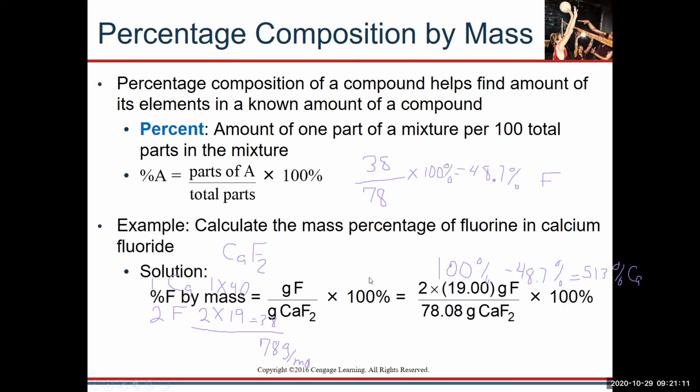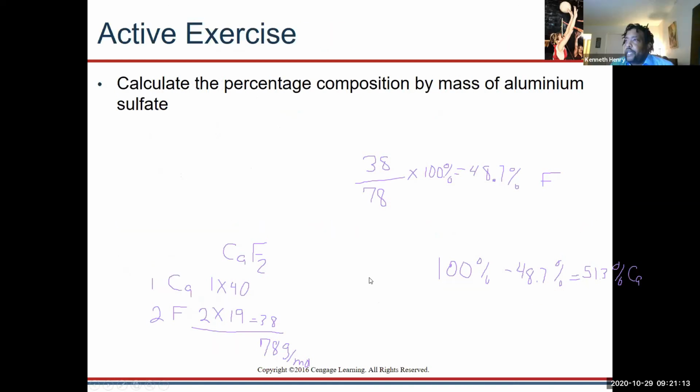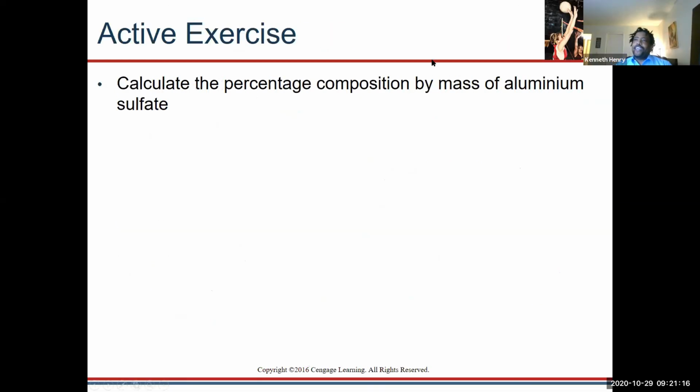Okay, good. Let's see if we can make it harder. Calculate the percent composition by mass of aluminum sulfate. So what am I going to do?